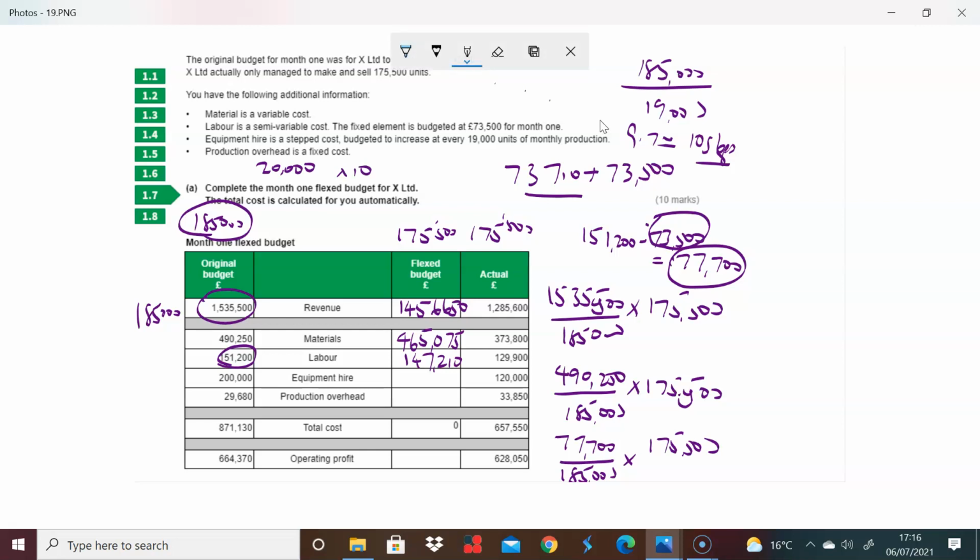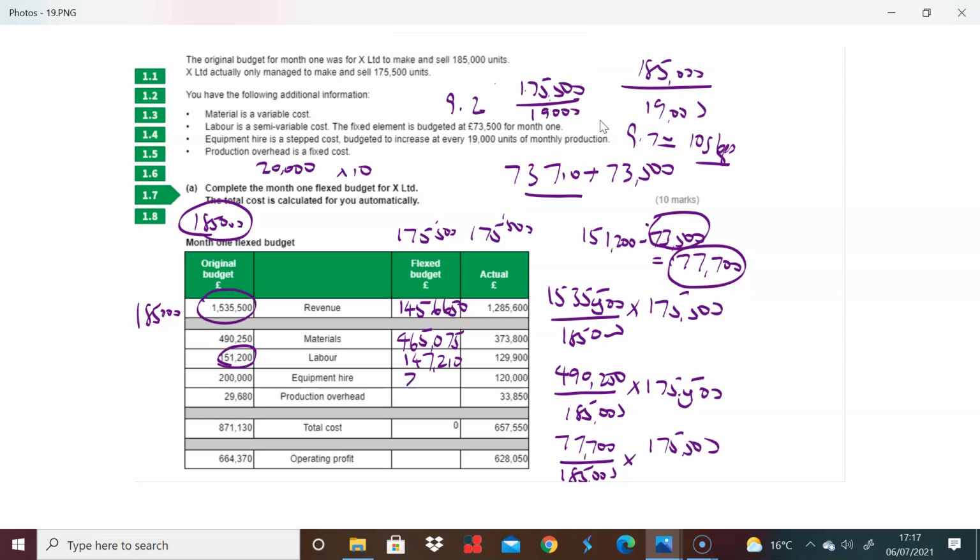Now your thing here is 175,500. So 175,500 divided by 19,000 gives you the new number of steps, 9.2. So you're still at 10 steps. It's just 9.2, which is still 10 steps.